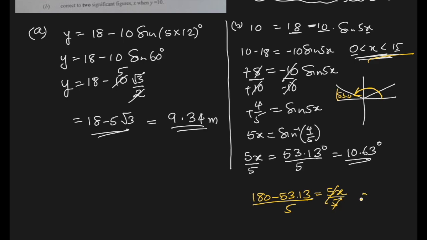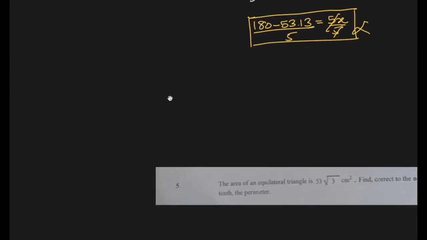So no, this answer was not required. Just for the sake of finding out, I did it. So this is the only answer we have. Oh, it is not degree actually. Yeah, as I said, x is some variable. So 10.63.